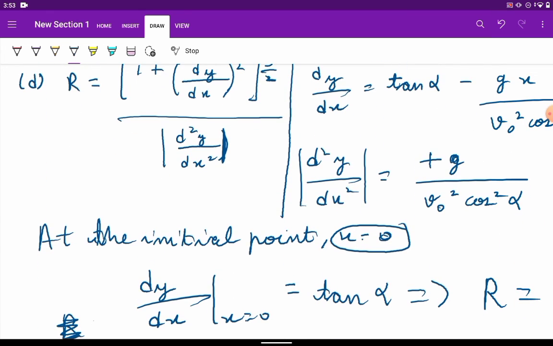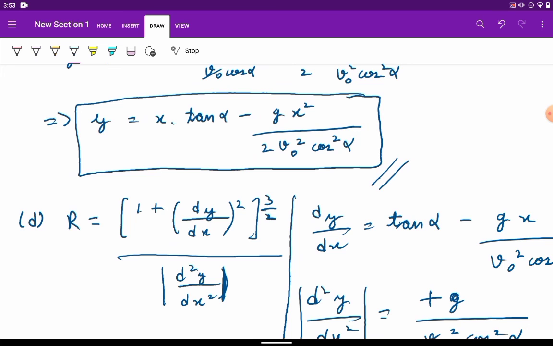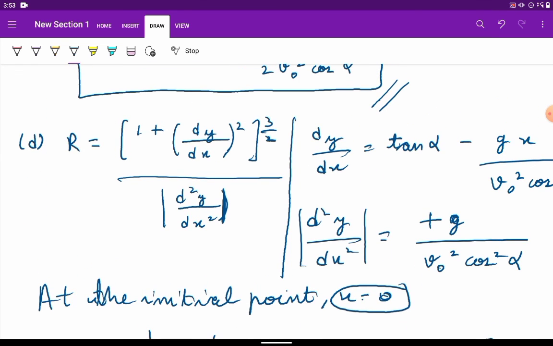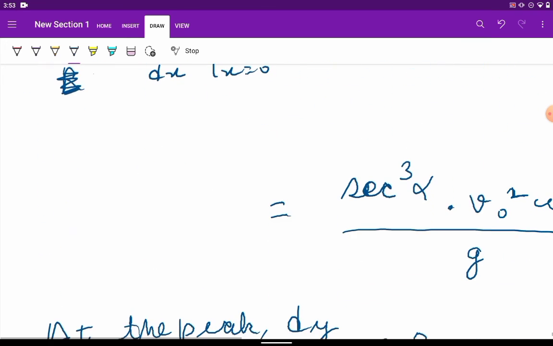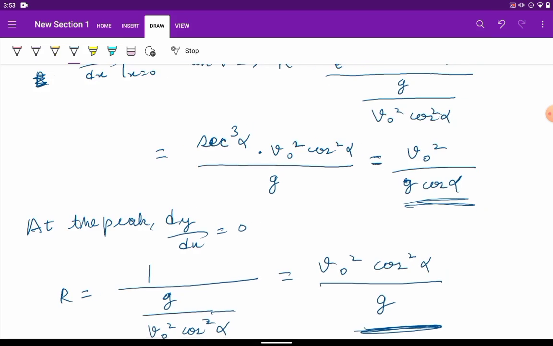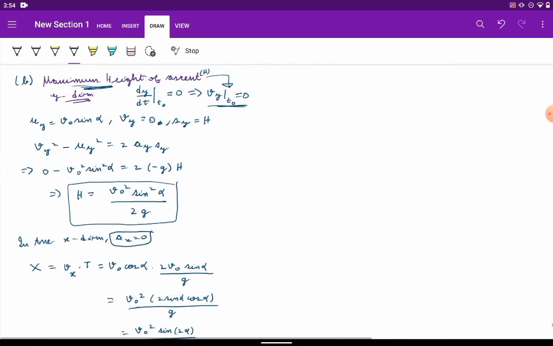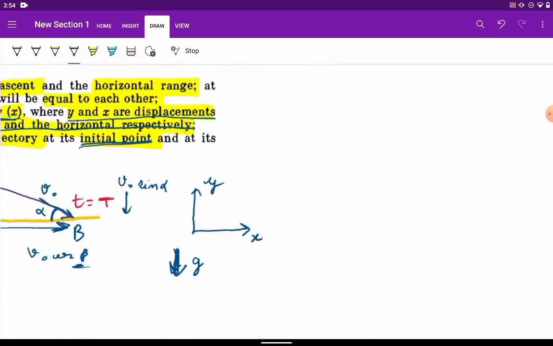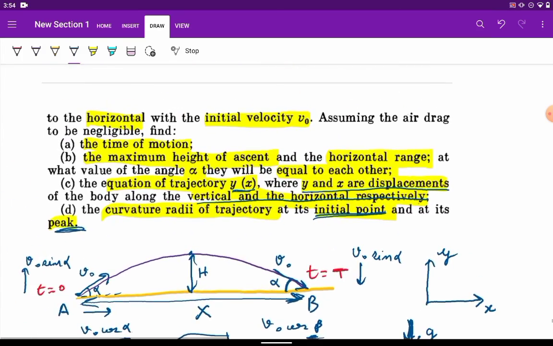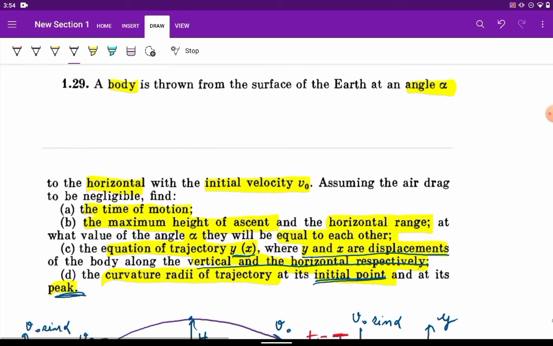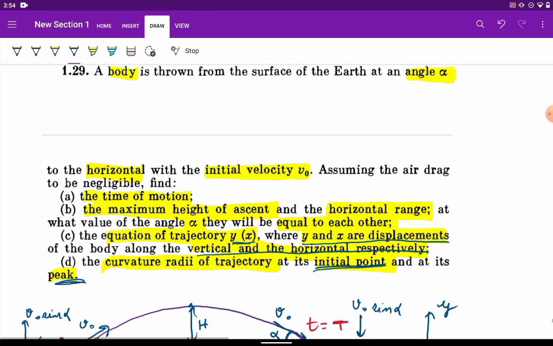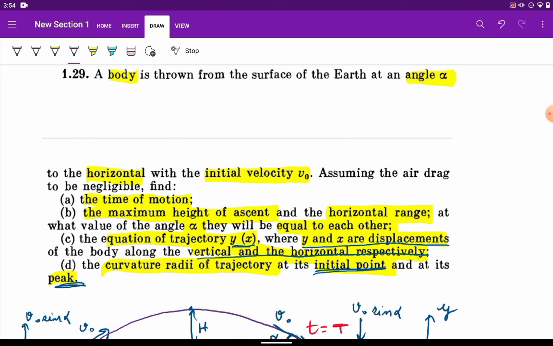And the radius of curvature, of course, if you know this formula, then it's very simple to get, but it's always preferable to remember the radius of curvature formula. This problem was crucial in terms of the formulae which were used and derived.